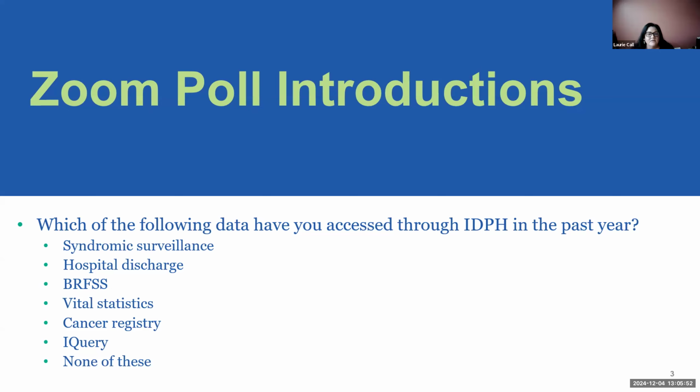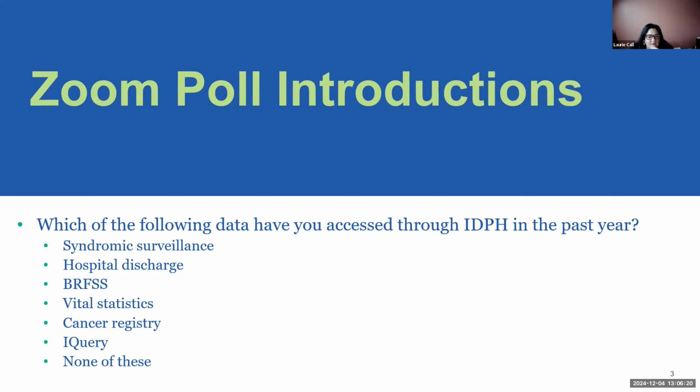Samantha, how many have answered? We got about 64%. Anybody else want to answer? All right, probably good with the numbers based on the number of presenters we have. So it looks like iQuery is the highest. A lot of folks have been checking out iQuery. Vital statistics, BRFSS, great.